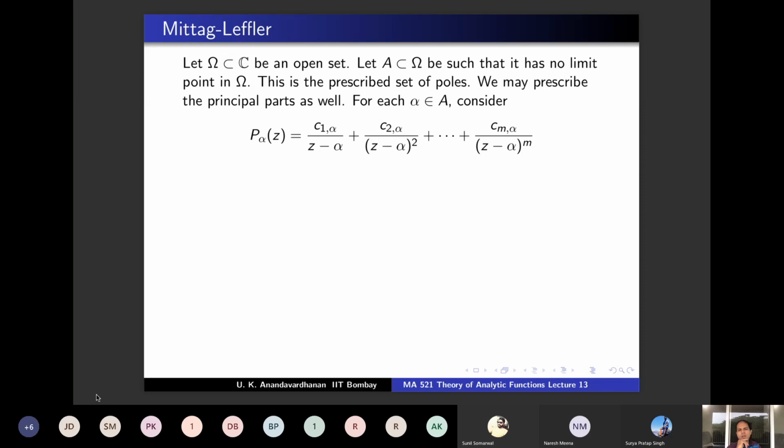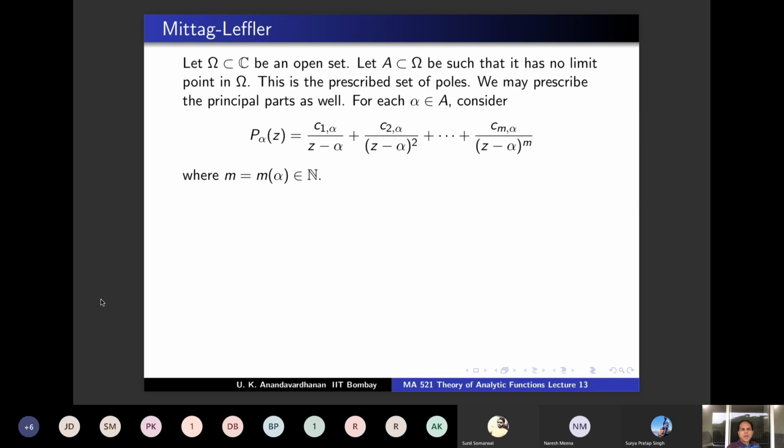So these are just rational functions, right? You give me a set without a limit point, and for each point alpha you give me a natural number m_alpha, and associated to that natural number you give me finitely many complex numbers, c_1^alpha, c_2^alpha, up to c_{m_alpha}^alpha, and this function P_alpha(z).